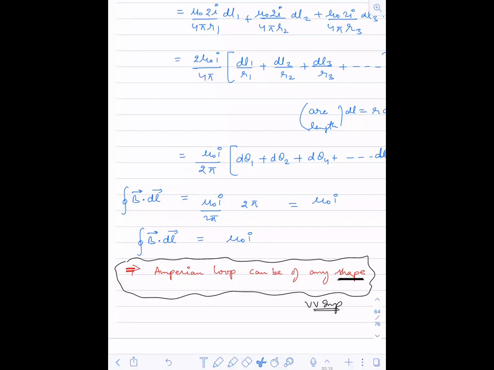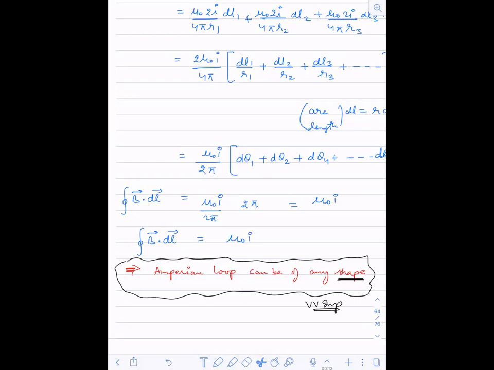Amperian loop can be of any shape. So the rectangular loop you have taken, you can take as a circular loop, or as an oval, or any random shape. Your answer will not change. If you want to take any random shape loop and integrate, go ahead. You have to do the integration, but the result will be the same.